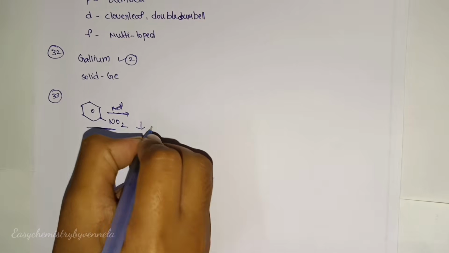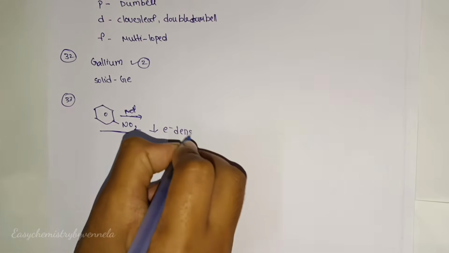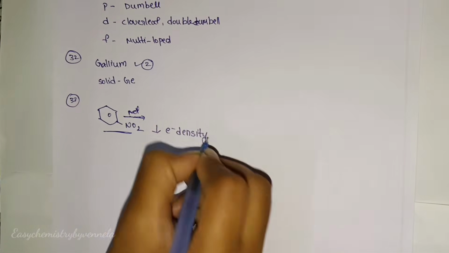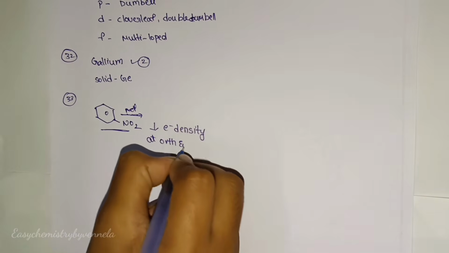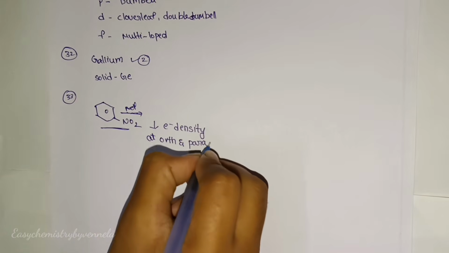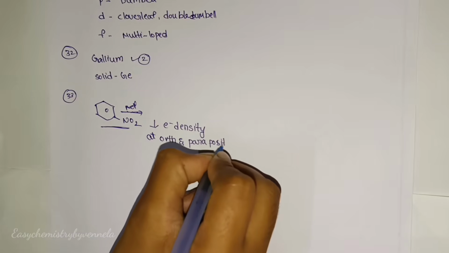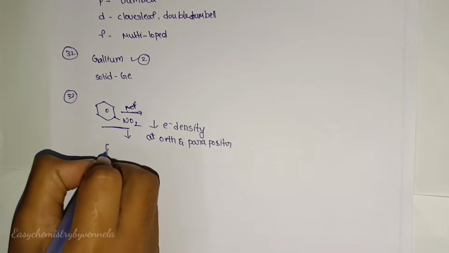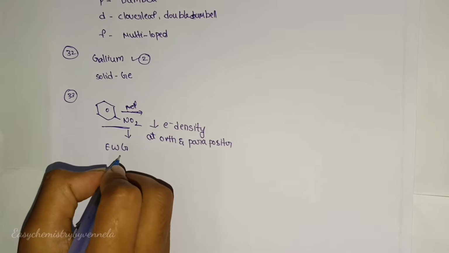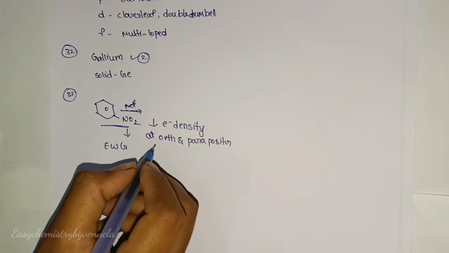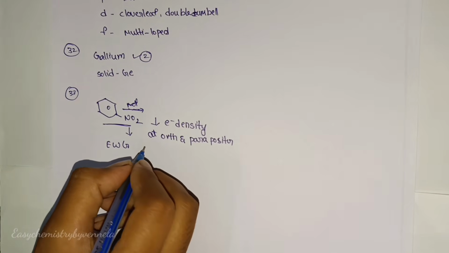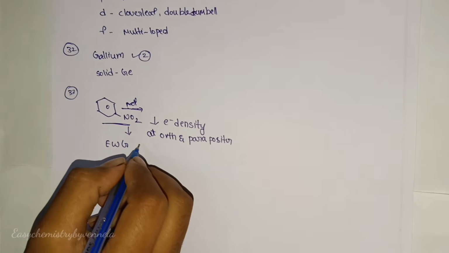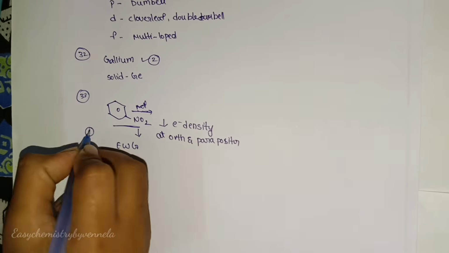Because it decreases the electron density at ortho and para positions. Also it is an electron withdrawing group. At ortho and para positions, it is electron deficient. So it is less favorable for electrophilic substitution. So the correct option is the first one.